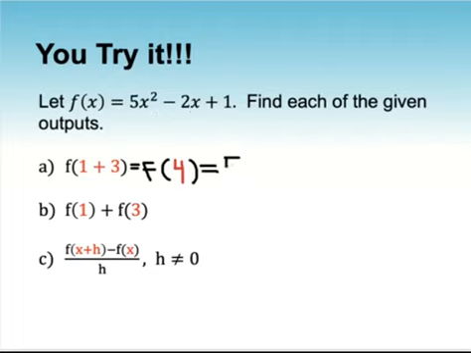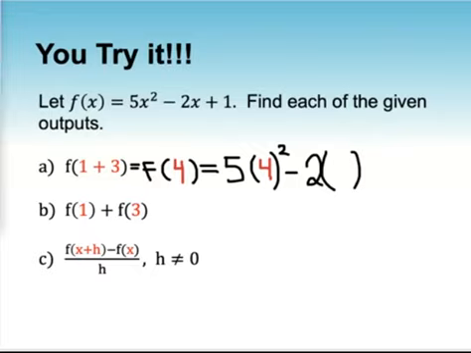So we're going to have 5 times, instead of x squared, we have 4 squared. Minus 2 times, instead of x, we have 4. And plus 1.